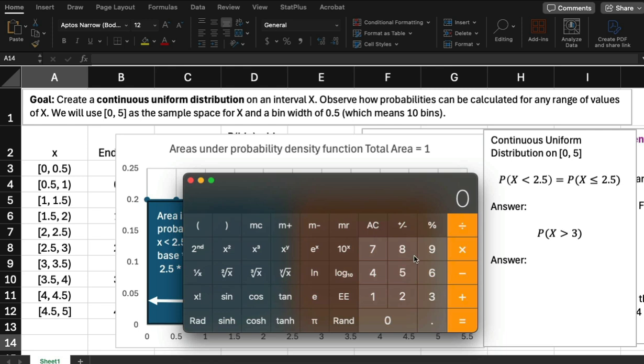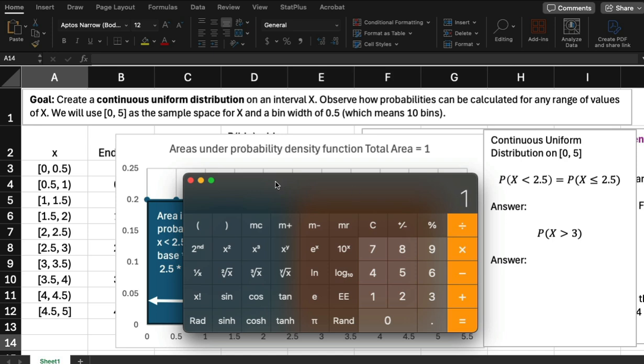Well, the length of the base, which is the total interval from 0 to 5, has a length of 5. Multiply that by 0.2. That's your total area. The total area of any continuous probability distribution has to equal 1.